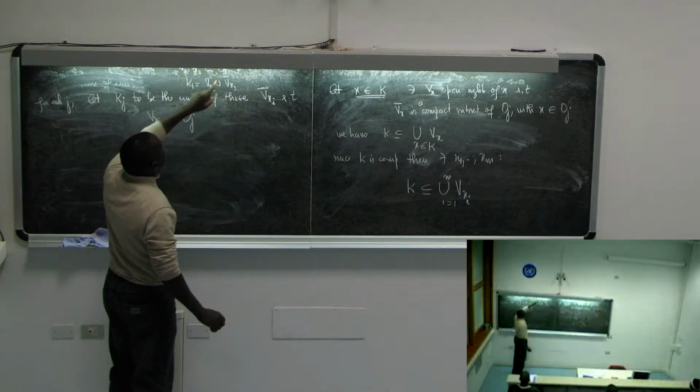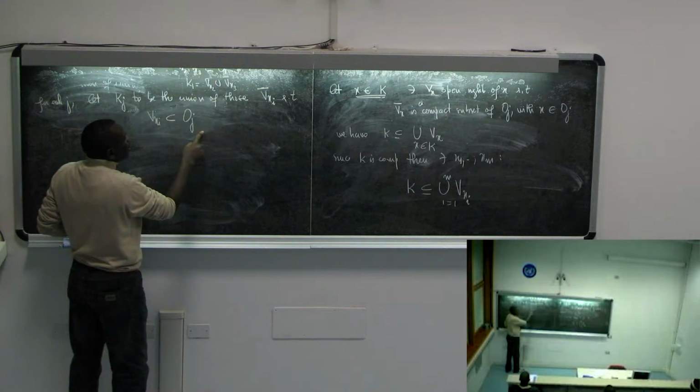If, for example, there is no Vxi in O1, then K1 is equal to the empty set. So I define Kj to be the union of those Vxi bar such that this inclusion is true.